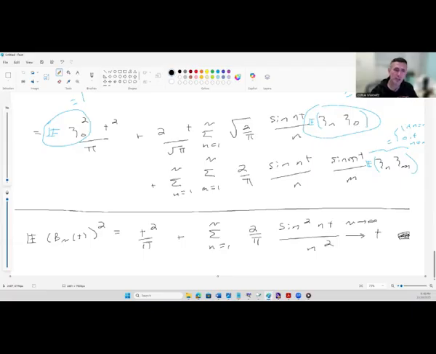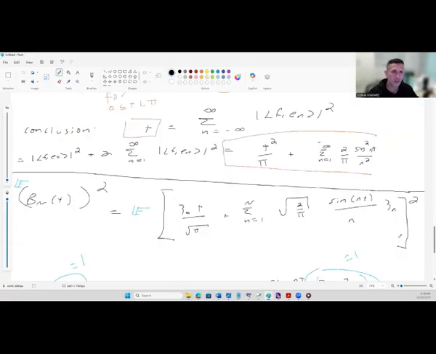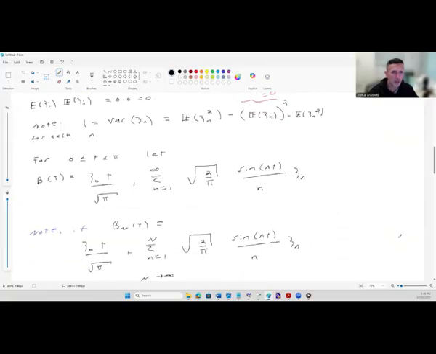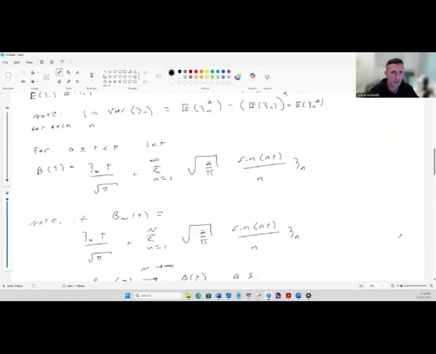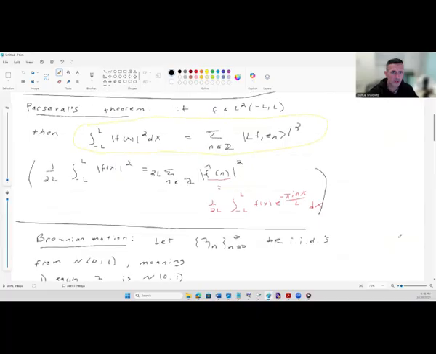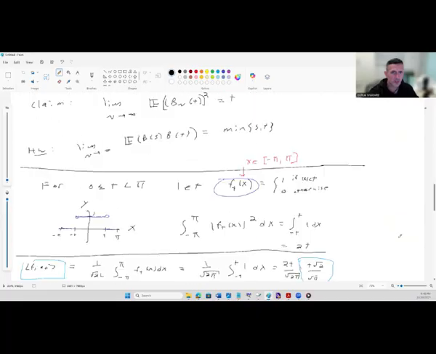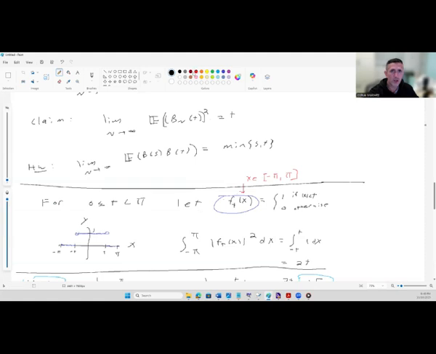Anyway, again, the covariance version of this is almost the same thing. I'll leave that for homework, this one right here.